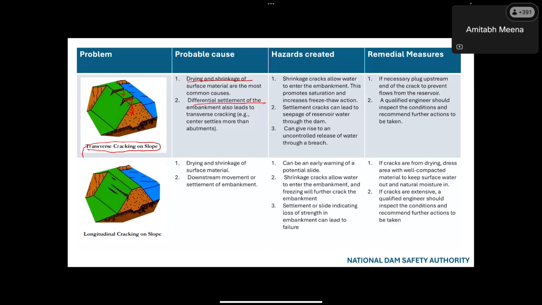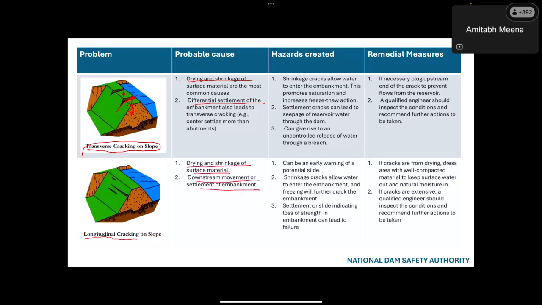So it is recommended that first we should plug the upstream end of the cracks so that water will stop flowing down and create further problems. Ultimately, we have to fill up all the cracks and repair them. Similarly, this longitudinal crack is on the slope also. These are caused by drying and shrinkage of the surface material or downstream movement or settlement of the embankment.